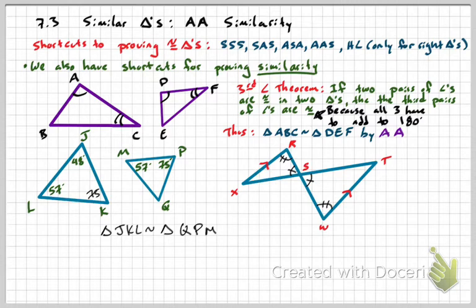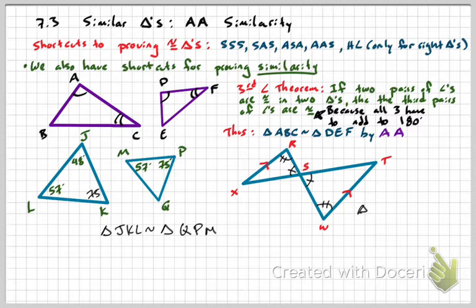Okay. So if I want to make my similarity statement now, I can say triangle SRT is similar to triangle S. Now S is a reflexive angle. Okay, it's the same angle being used in both. So I would start both of them with S. And then R corresponds to W, and then T. Oh my goodness, I completely messed this up, my fault.